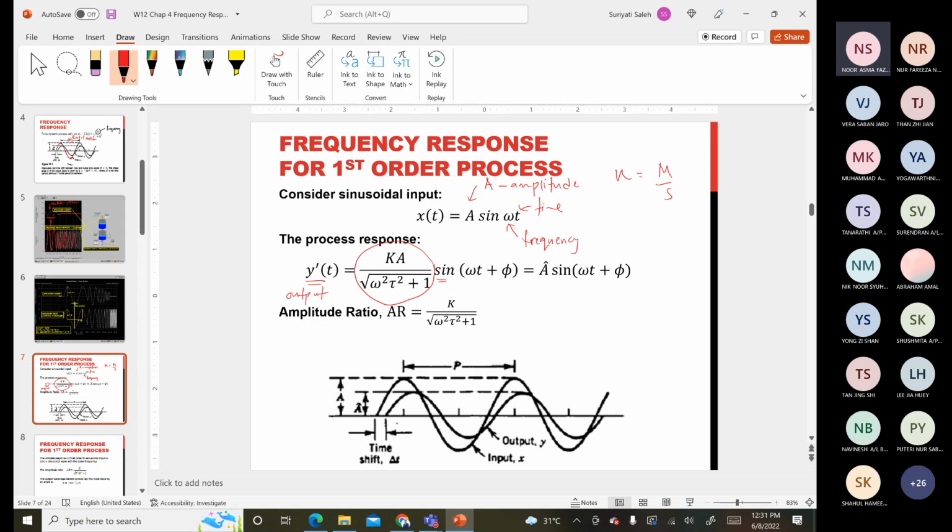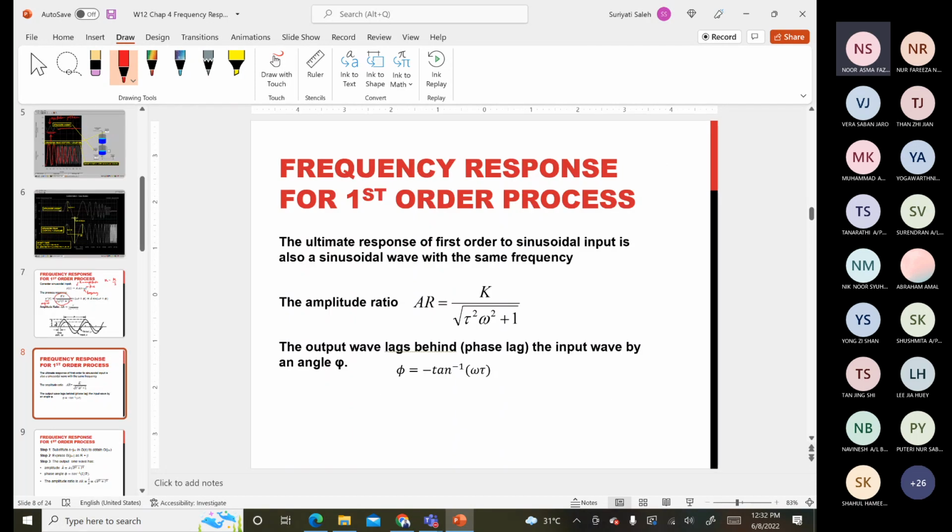So here, I don't go to elaborate in detail how we may get this one. This one is just an example of how the input and the output respond. The thing that I want to focus on, if we have the first order response, normally there are two parts that we can obtain, which are known as the amplitude ratio and the angle.